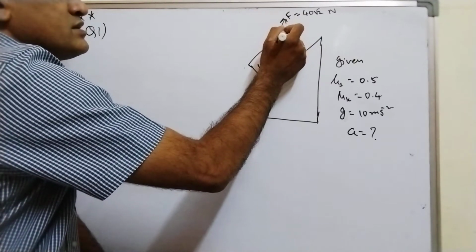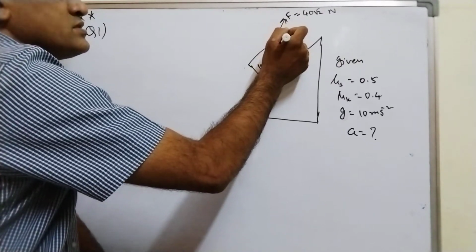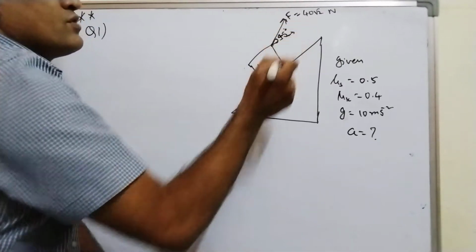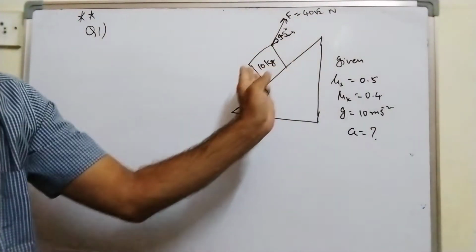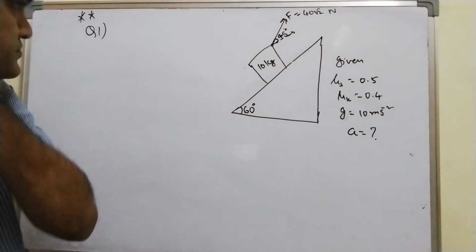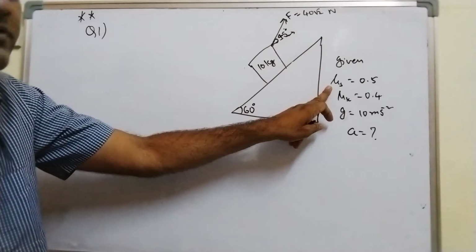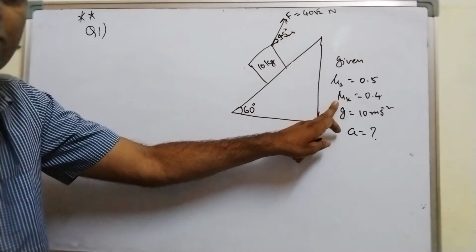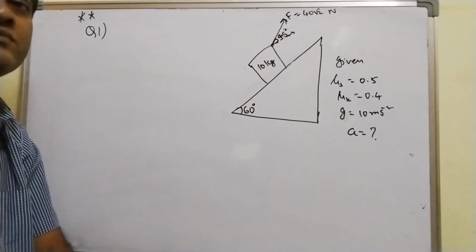This angle is given as 45 degrees along the inclined plane. Now, as you know very well, g is given as 10 meter per second square, mu s is given as 0.5, mu k is given as 0.4. I need the value of acceleration of the block.